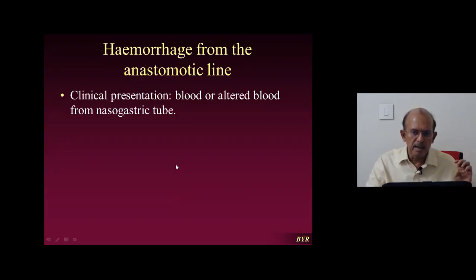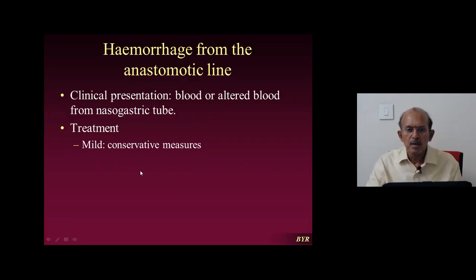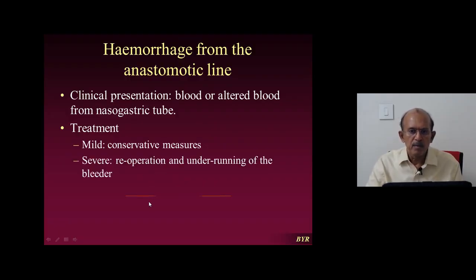If a large amount of blood is coming out, it means the anastomotic line is bleeding. If it is mild, you can go with conservative measures. That means you maintain fluid balance, and if the patient has lost blood, give him blood transfusion. If it is severe, you have to reopen the abdomen, find the bleeder and underrun the bleeder.